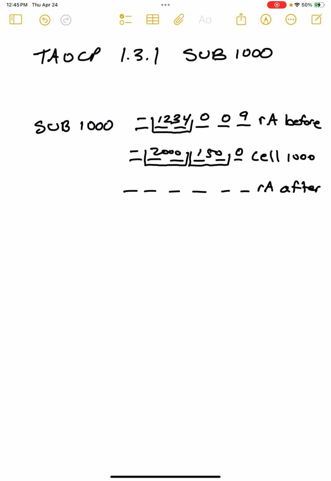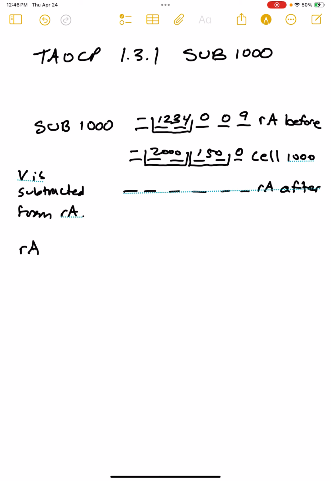So let's go right to left. We know that V is subtracted from RA.